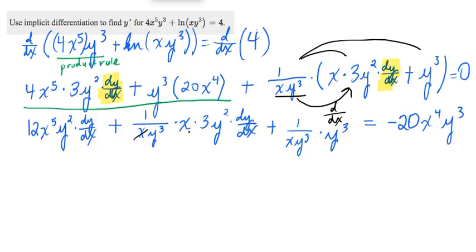Now we can simplify these two. Lots of things cancel here. We have x divided by x, and y squared over y cubed, so two of the y's cancel. And right here, these y cubes cancel.